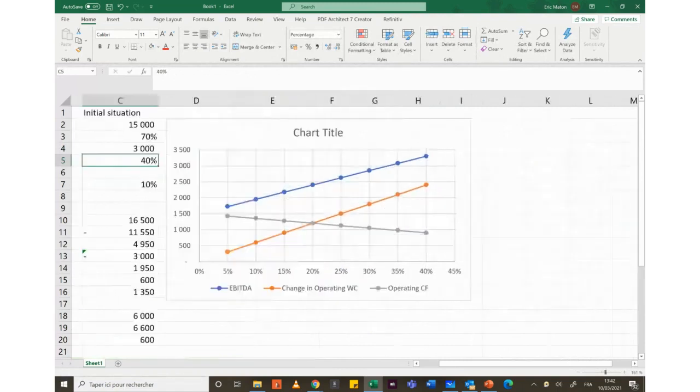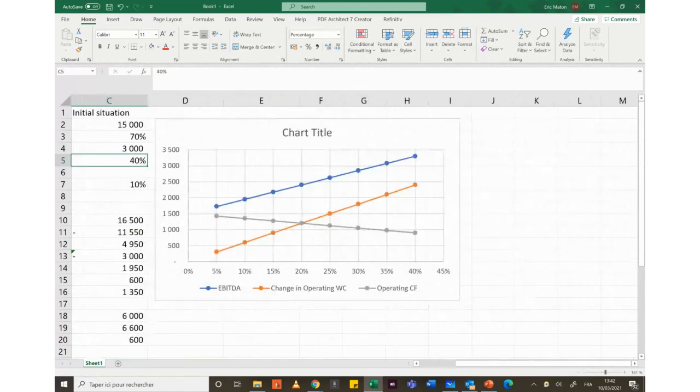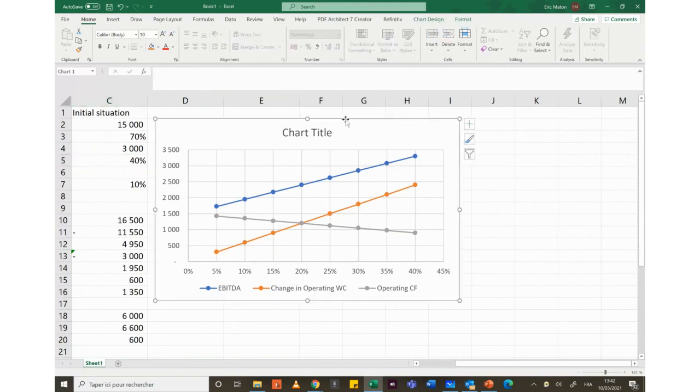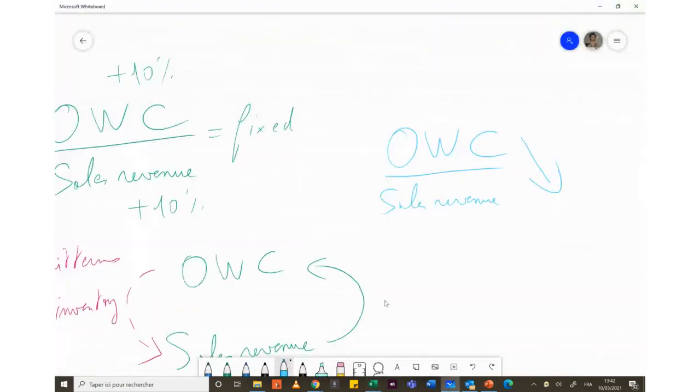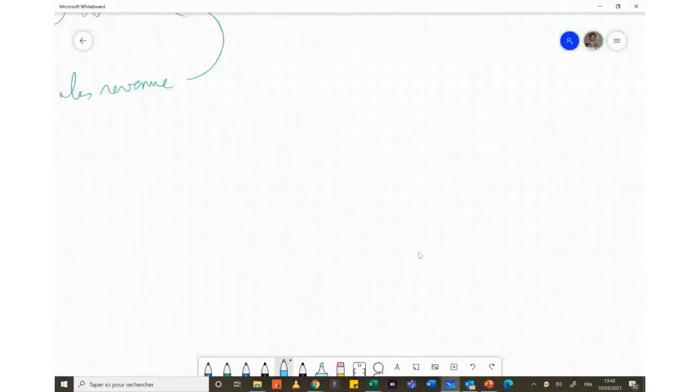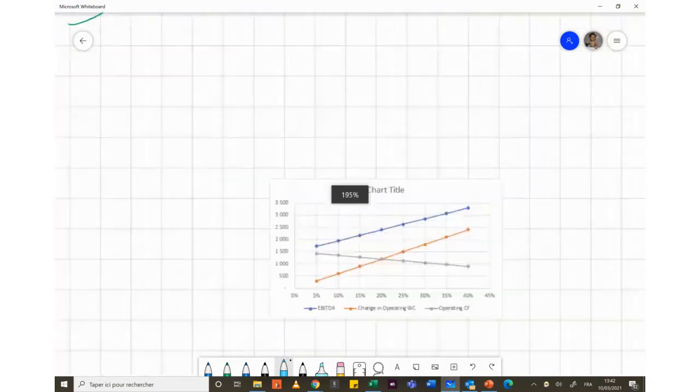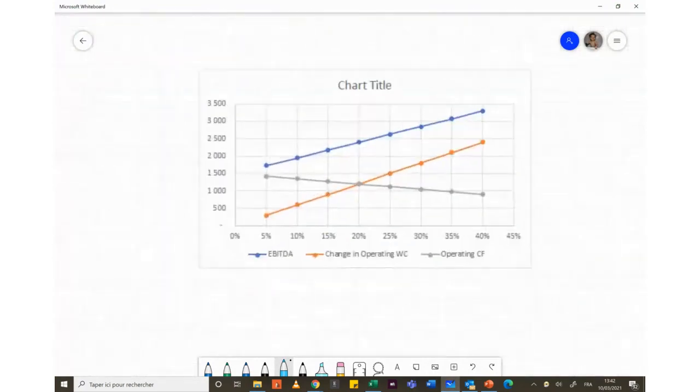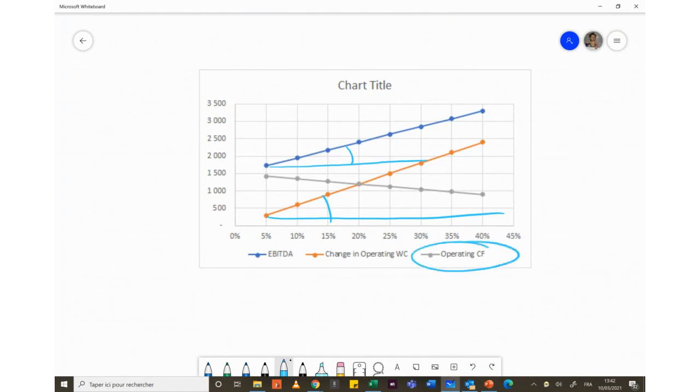So the problem here, I increase more if you see the slope of the change in operating assets. So here, take this one. If you see the slope of the operating working capital here, I increase more this one than the EBITDA. So because of this, I reduce the operating cash flow.